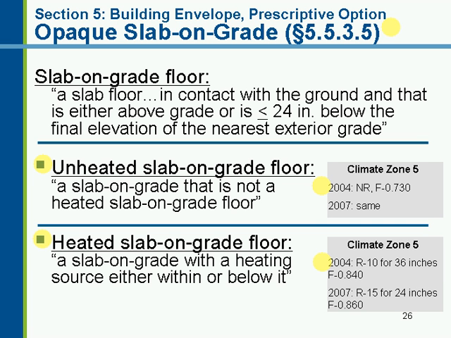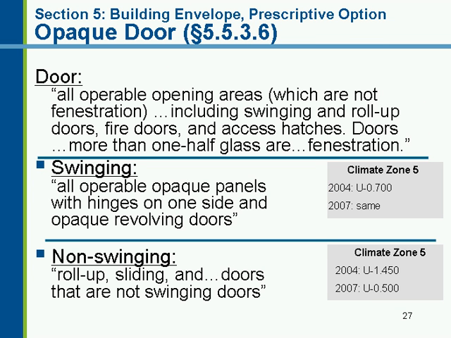The last category of opaque elements are opaque doors, and these are considered all operable opening areas which are not fenestration. So swinging and roll-up doors, fire doors, access hatches, and any doors which are predominantly opaque. If they're more than half glass, they're considered fenestration. For the swinging doors, doors with hinges, and it includes revolving doors, the requirement is for a U-factor of 0.7.